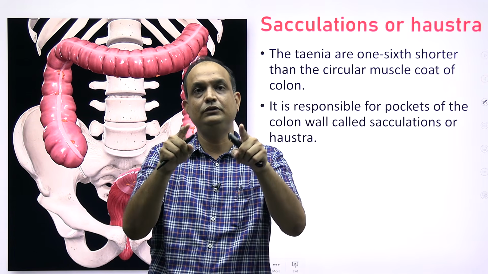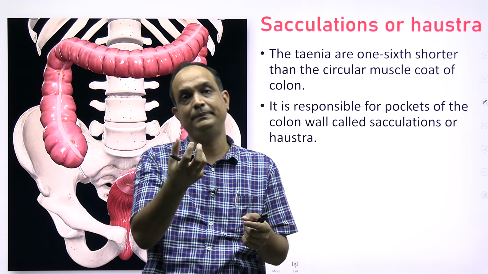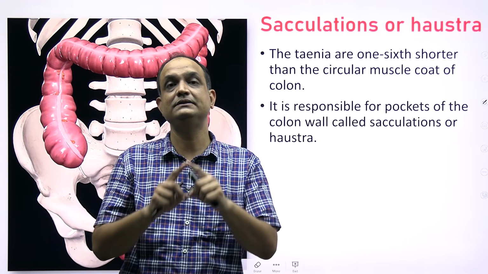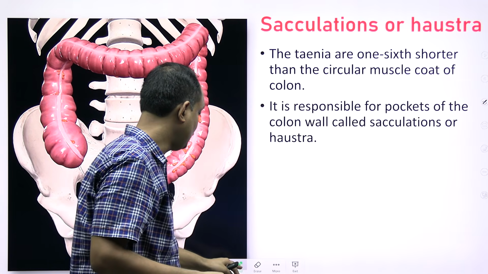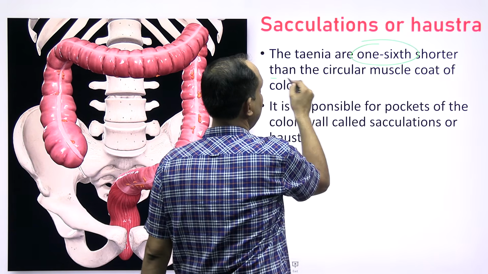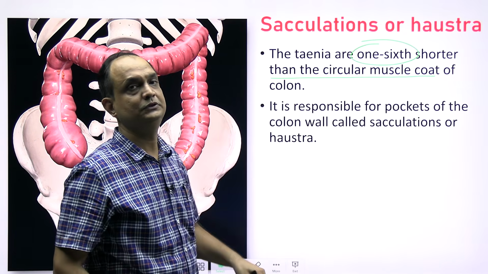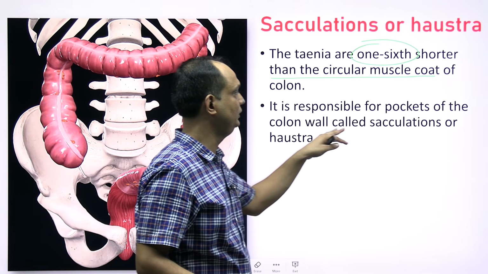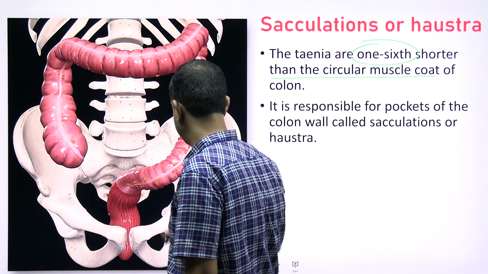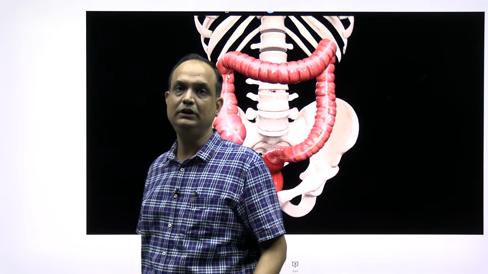So in this condition, you have folds just like a corrugated pipe which we have below the basins. So the Taeniae, that means the longitudinal muscle, is shorter. How much shorter? It is 1/6 shorter than the length of the circular muscle coat of the colon, and that's why it is responsible for forming the pockets of the colonic wall, which are known as haustrations, or sacculations, which you can appreciate here.